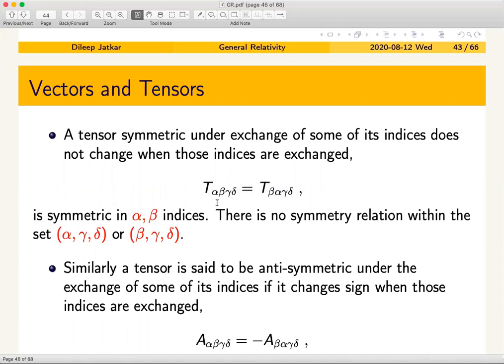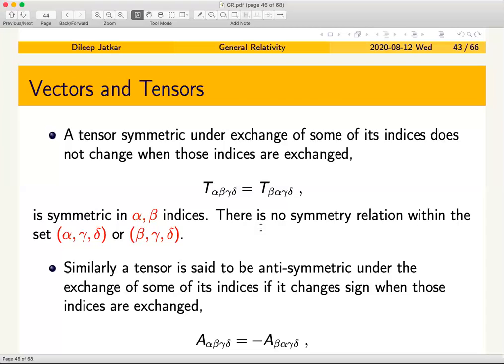Now clearly, if you have a tensor carrying multiple indices and it is symmetric under only two indices, in this example alpha and beta, then there is no statement that we will make about the remaining indices. For example, there is no statement that we can make about what happens to a set involving alpha, gamma, delta or beta, gamma, delta. There is nothing we can state, that they are symmetric or anti-symmetric, because we have not stated any symmetry property with respect to those indices.